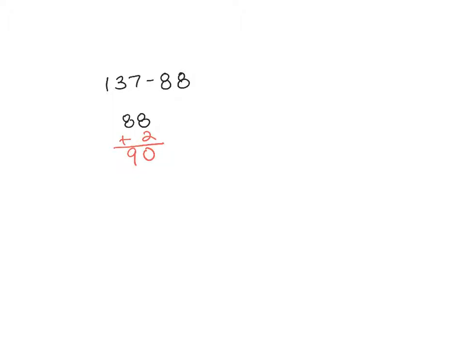So now I'm at 90. I still want to get to another landmark number. If I add 10 more to that, now I'm at 100. So far I've added 2 and I've added 10, and now I need to get to 137. So now I'm going to add 37 more to that.